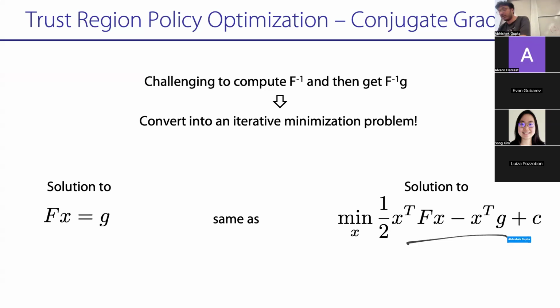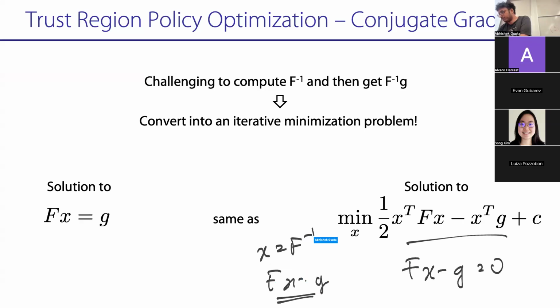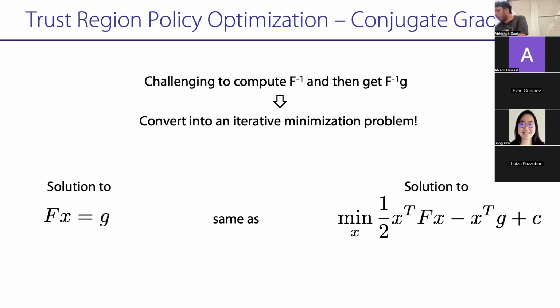You can just take the gradient of the quadratic: Fx minus G equal to 0 means Fx equal to G, which means that x equal to F inverse G. And so if I want to find x equal to F inverse G, I can just solve this minimization problem, and then I will get x without having to compute F inverse.